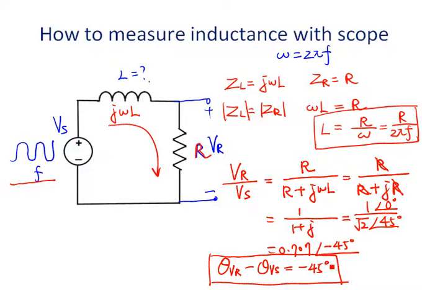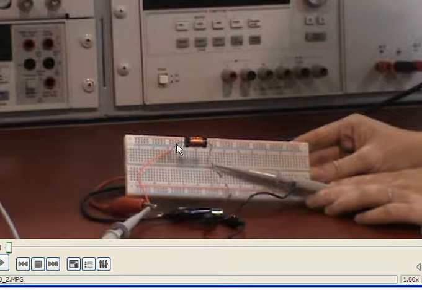We assume that we know the resistance in the circuit. So to measure the inductance, we need to set up an RL circuit first. L should be R over 2 pi F when the phase angle difference is negative 45 degrees.